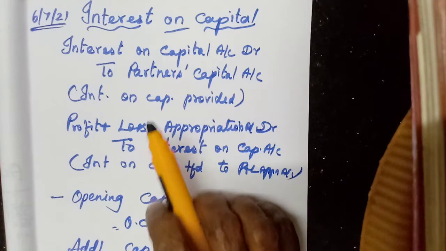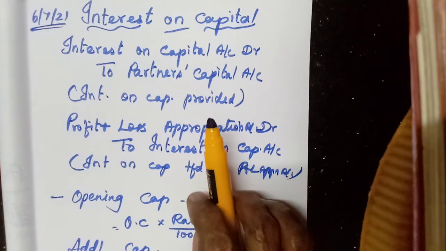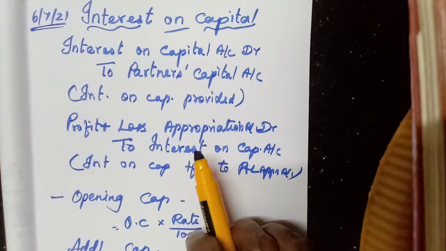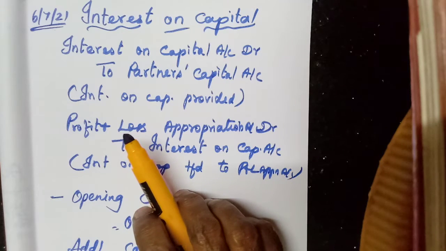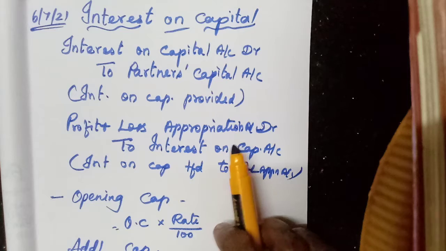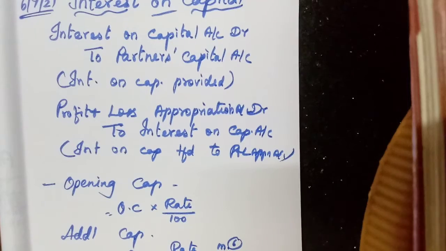The second entry: one is for providing, and one is for transferring that interest on capital to the profit and loss appropriation account. So we debit profit and loss appropriation account and credit interest on capital account. We will see that in an illustration. I will show you the illustration.